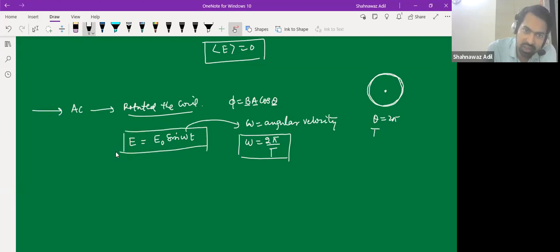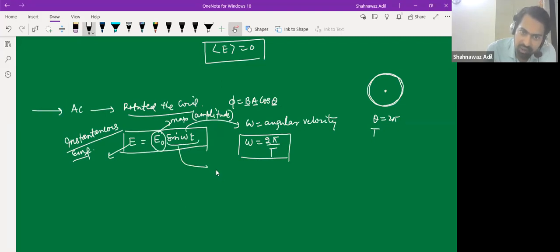This was the instantaneous EMF, and this was the maximum value, also called the amplitude, and this was the angular velocity. We can clearly see that this has a sinusoidal behavior.